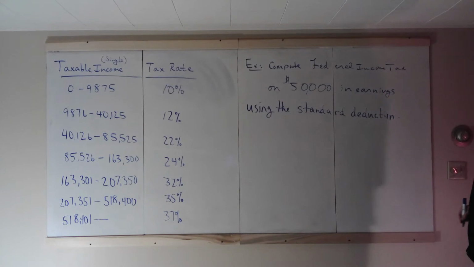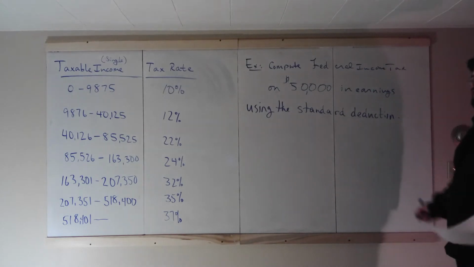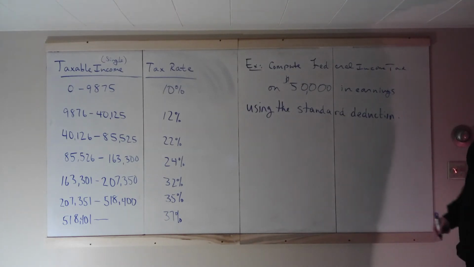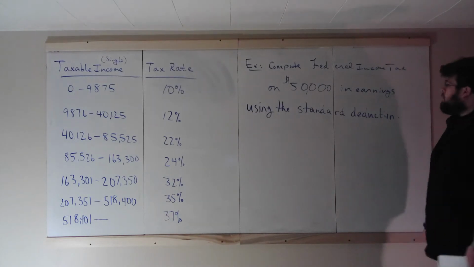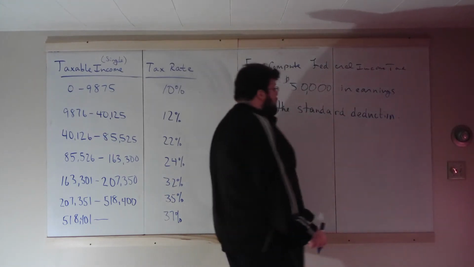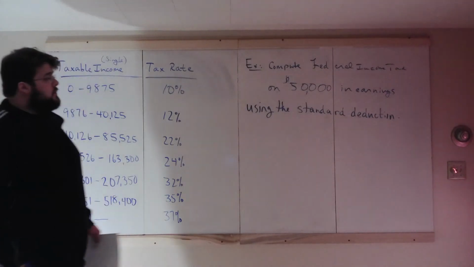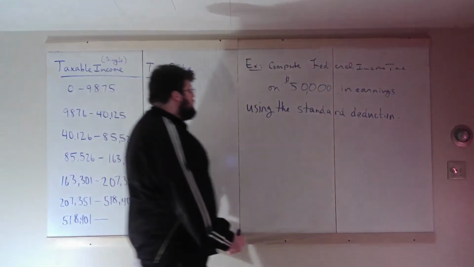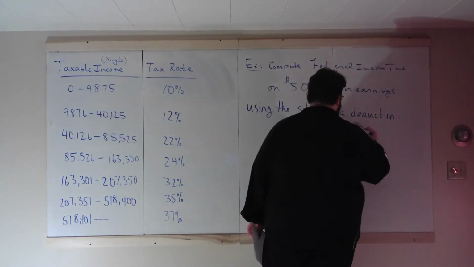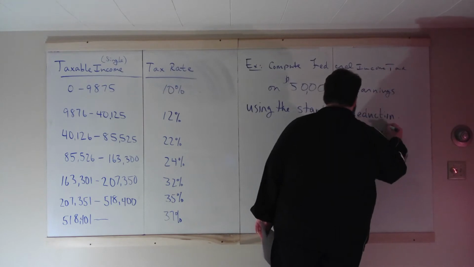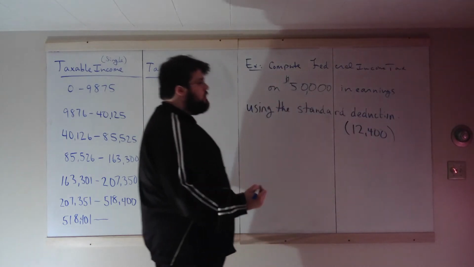I don't know what that means. Or you can take the standard deduction. I would imagine businesses itemize. But again, I don't know what that means. But the standard deduction in 2020 is $12,400 for people who are filing single.